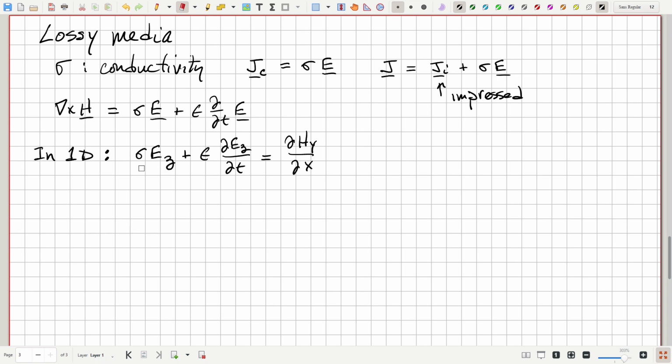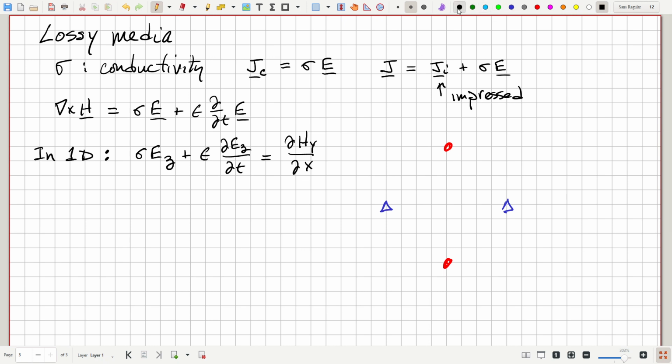Now there is a subtle issue that goes on in this case. Here is an electric field point, another one, and there's a magnetic field point here and there.